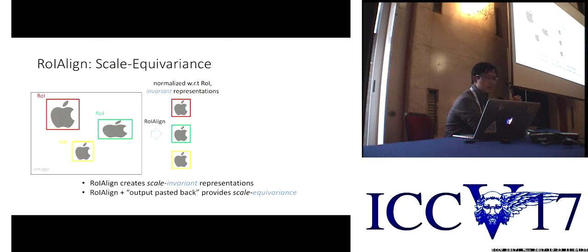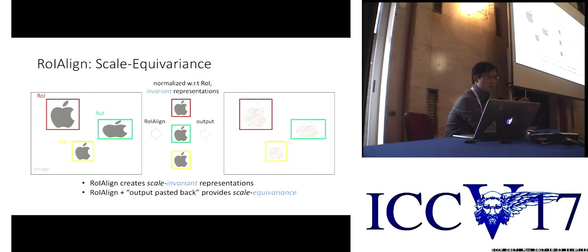By doing this, we hope it may give us some invariant representations. For example, in the illustration here, we have 3 apples of different sizes and different aspect ratios. To do a better job, we may want the underlying representation, for example the ROI aligned output, to share some common representation that is invariant to the scale and aspect ratio. So this means that ROI align creates scale invariant representations.